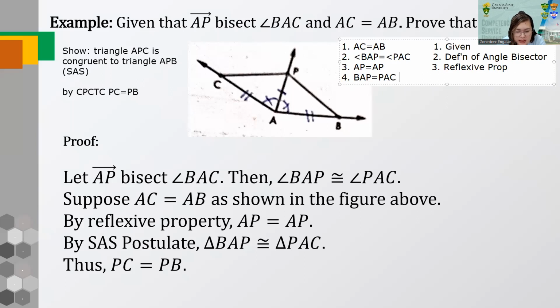So that is by SAS postulate. Next, PC is equal to PB by CPCTC.